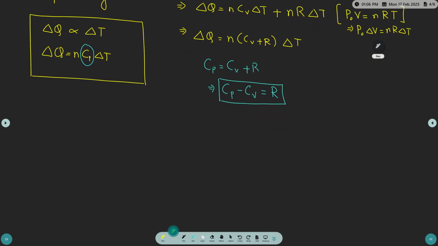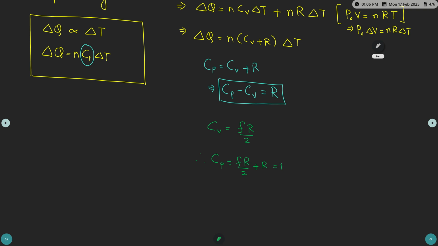What is Cv? Cv का formula क्या है? f R by 2. So therefore Cp is fR by 2 plus R, which is R into (1 plus f by 2). This is the formula for Cp.